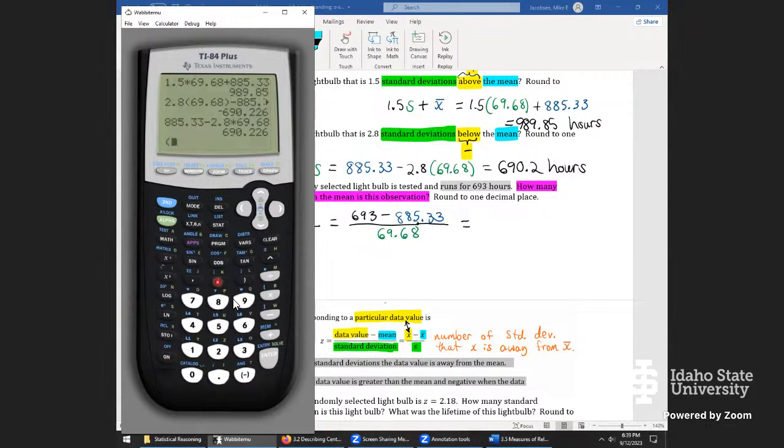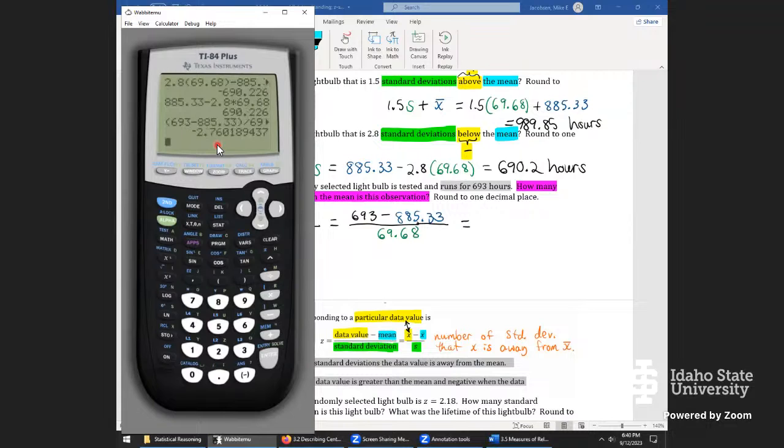So let's go and put this in. 693 minus 885.33, divided by 69.68. The unit of this is standard deviations. And the reason for that is the numerator is in hours, the denominator is also in hours, and so everything really cancels, leaving just number of standard deviations.